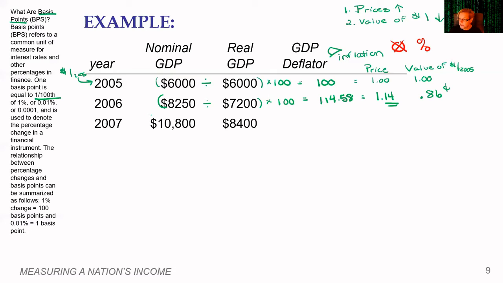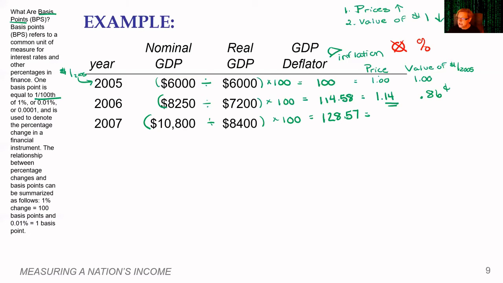Let's go ahead and do it for 2007. 10,800 divided by 8,400 times 100. And that's going to give us 10,800 divided by 8,400, how about 128.57?